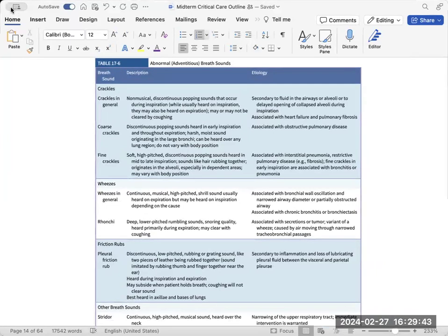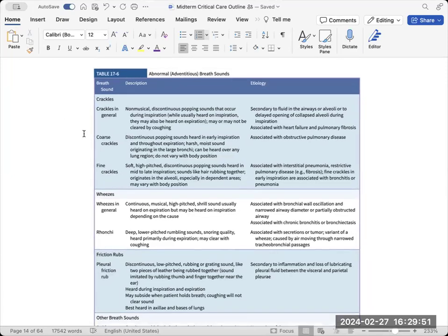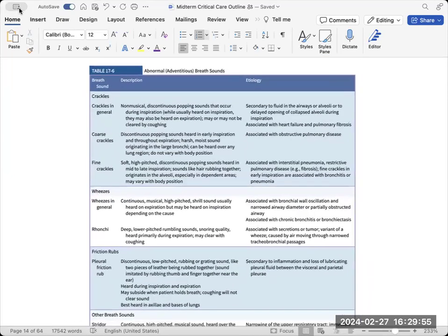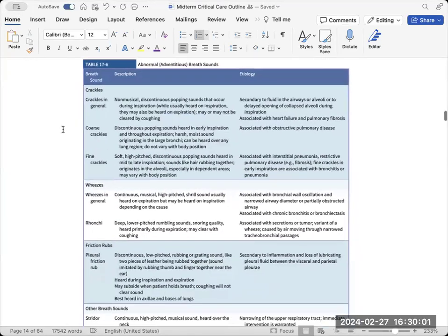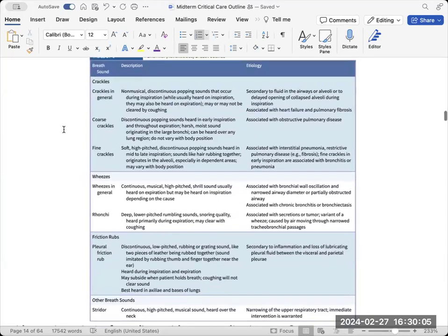Oh, yes, thank you. I just remembered, during the review or in class, she was mentioning different conditions, like crackles for pneumonia, and pleural effusion for pleural friction rub. But you have to relate them to what part of the respiratory tract, if it's upper or lower. Each of these sounds pertains to a certain region.